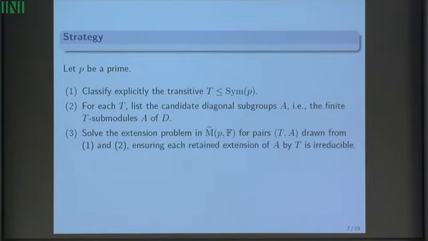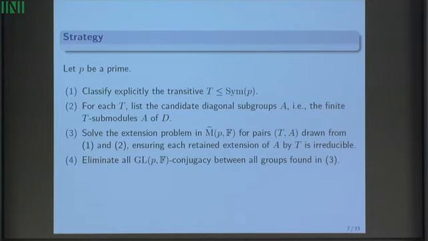And you only want to keep the irreducible groups, so we need to test irreducibility. And finally, along the way you'll have been cutting things down using the fact that you're only interested in things up to conjugacy. So the final step is to make sure that you delete any remaining redundancy. That's the conjugacy problem.